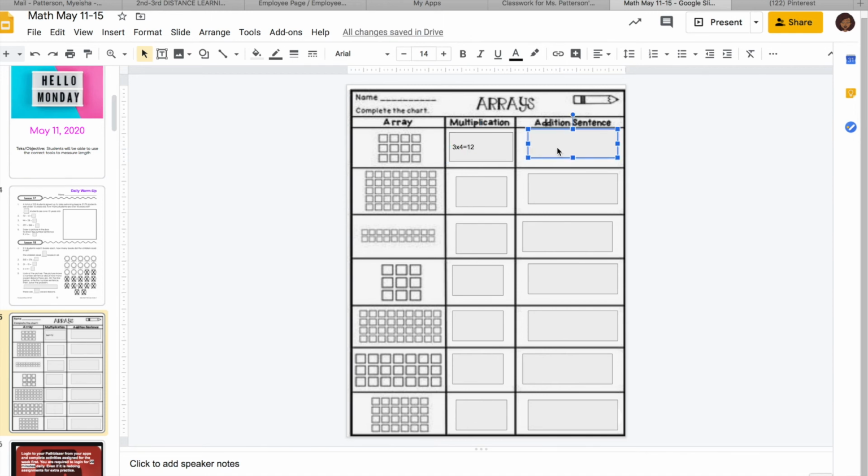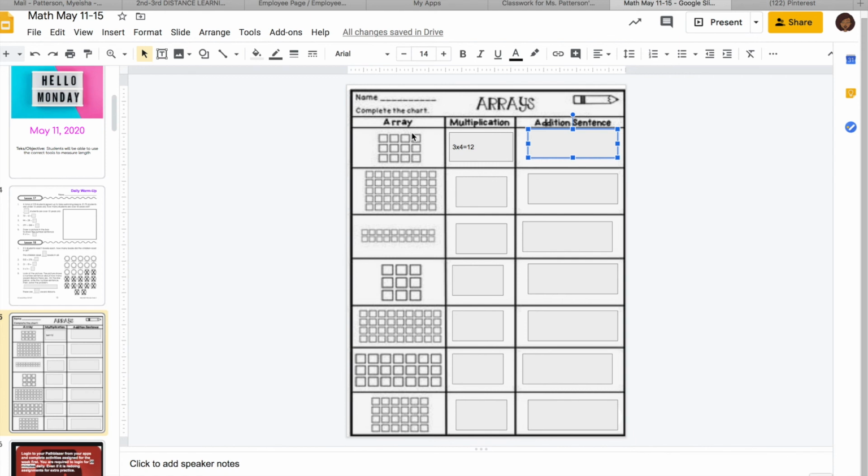How in the world would I write an addition sentence? Well, what you can do is look at your first number and write that number as many times as you see that second number.